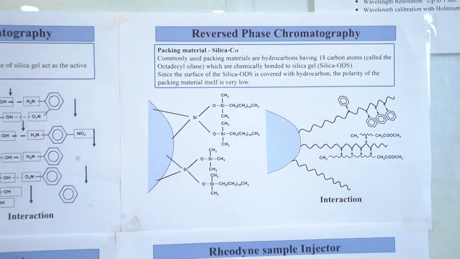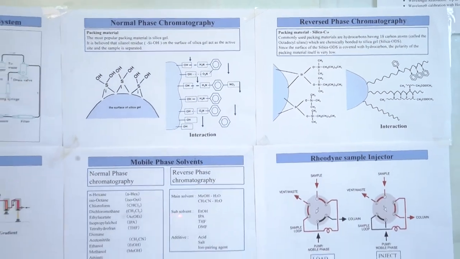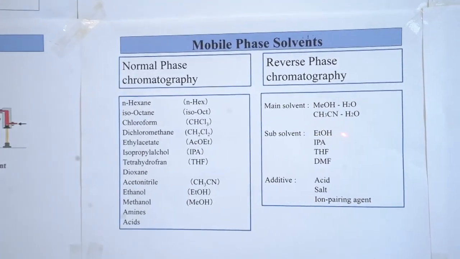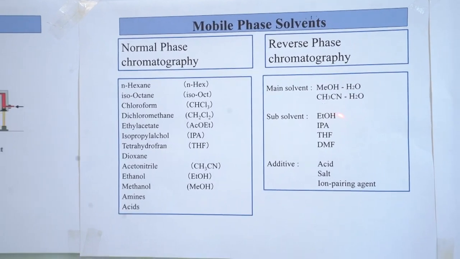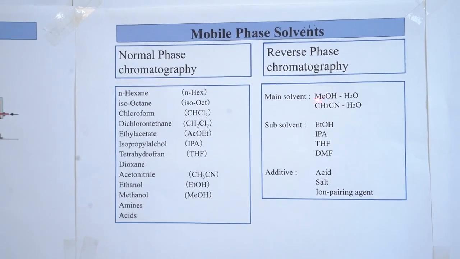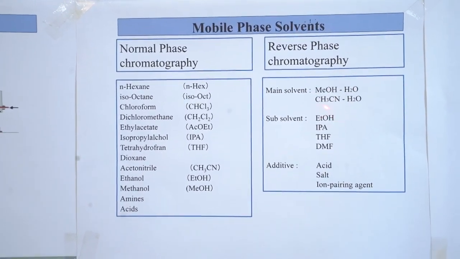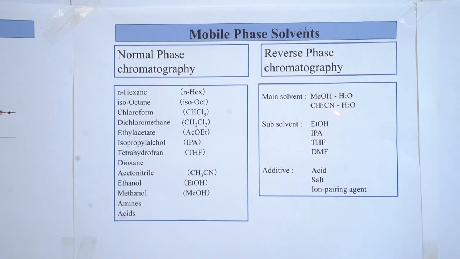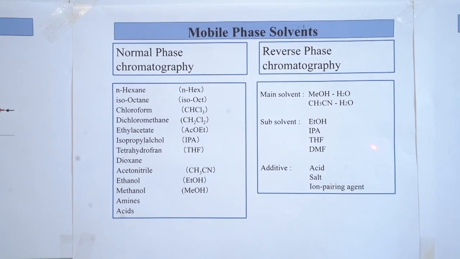In reverse phase chromatography, the mobile phases which are used consist of organic aqueous systems. The organic component of the mobile phase consists of methanol, acetonitrile, or a mixture of the two. The aqueous component mainly consists of water.